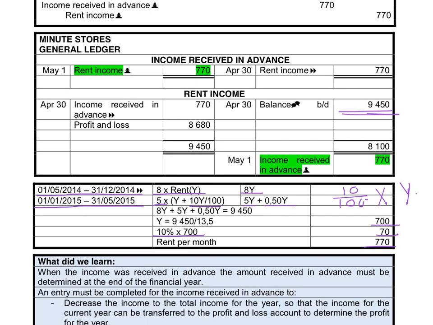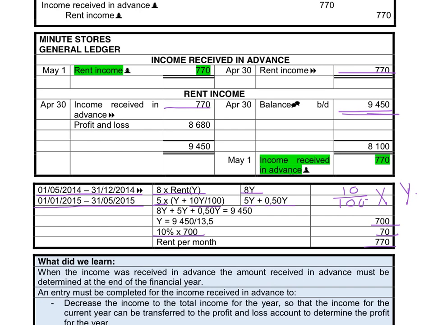The rent income account must be decreased with 770 because that money is not for the current year, and income received in advance will be credited with the 770. So we create a liability to show that we've already received money in the current year that was only supposed to be received in the next year. So we received 770 and next year we will have to provide a service without receiving money.